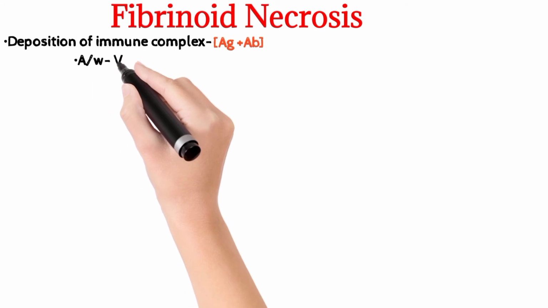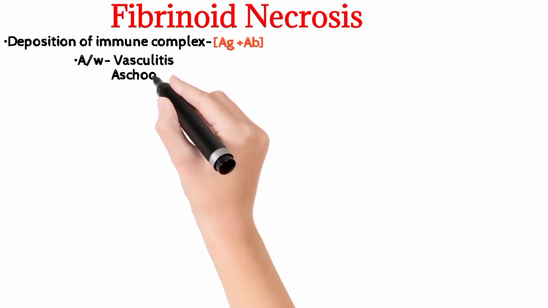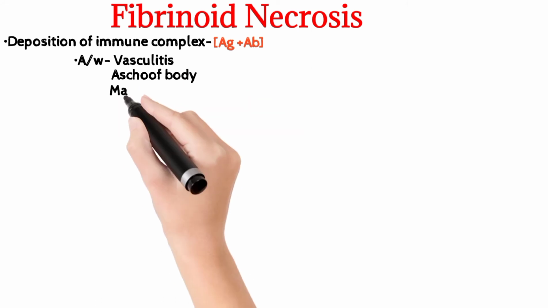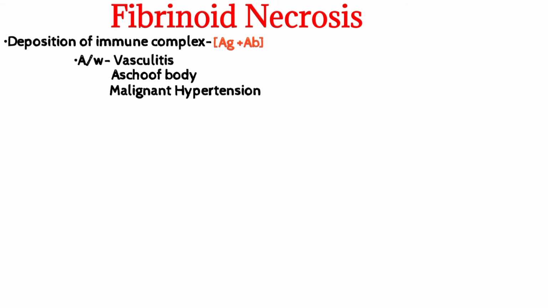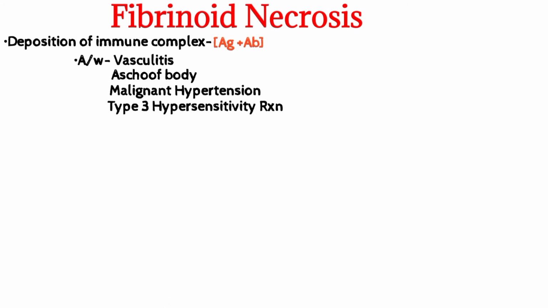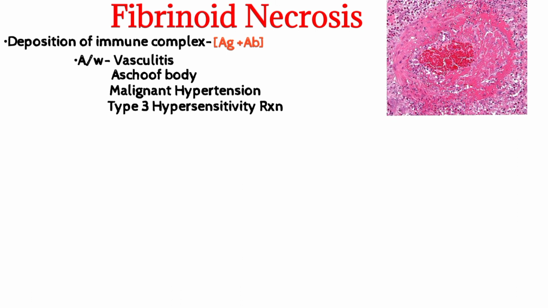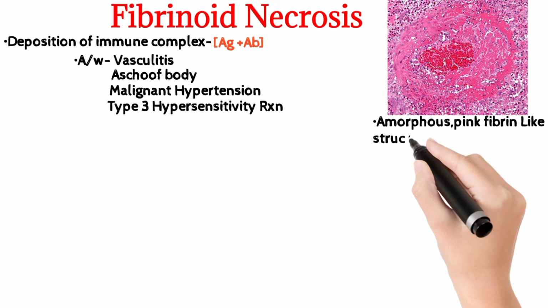It is associated with vasculitis, Aschoff body, malignant hypertension, and type 3 hypersensitivity reaction. In this picture of fibrinoid necrosis, let us look clearly at the amorphous pink fibrin-like structure.